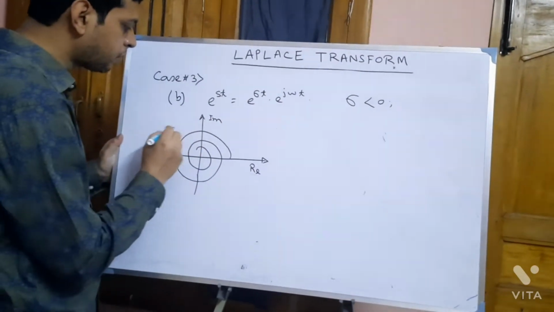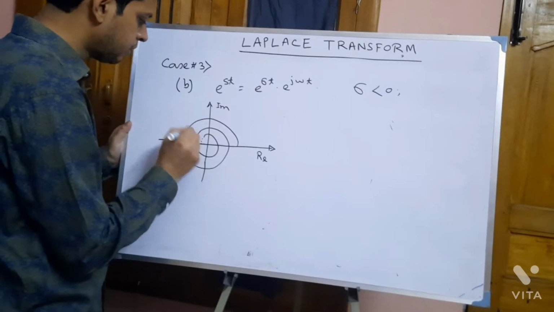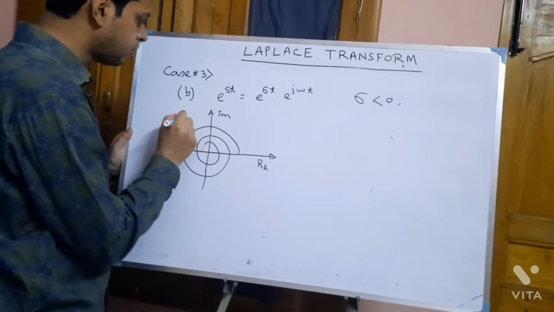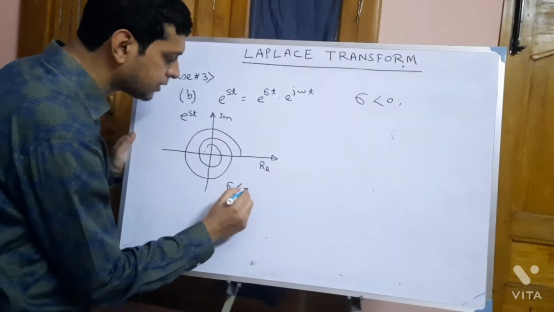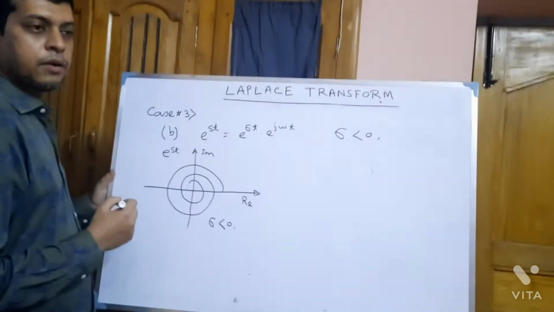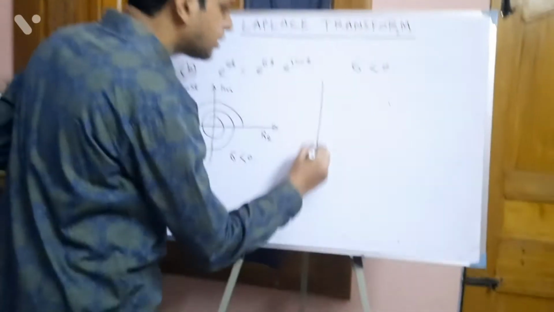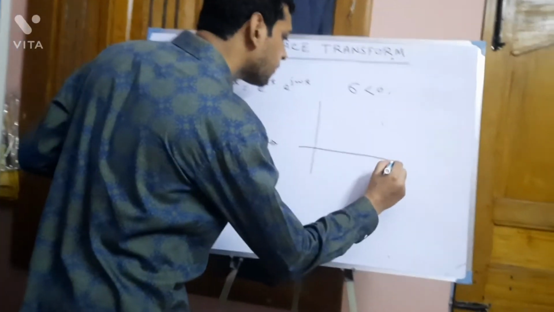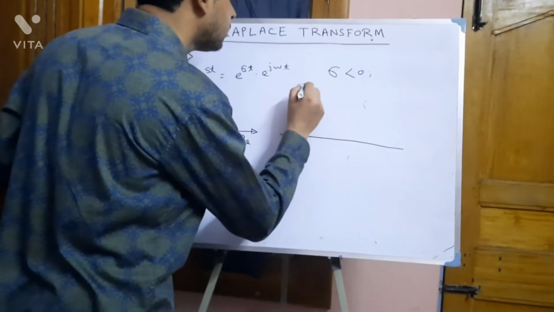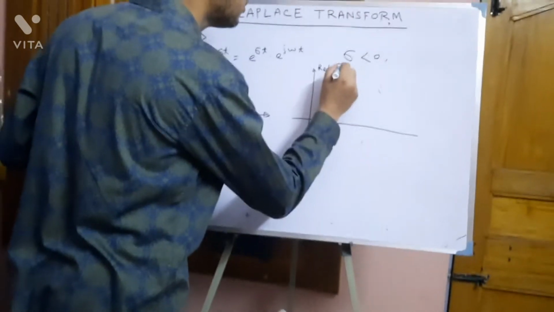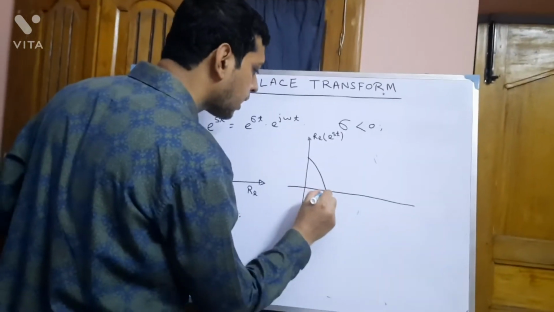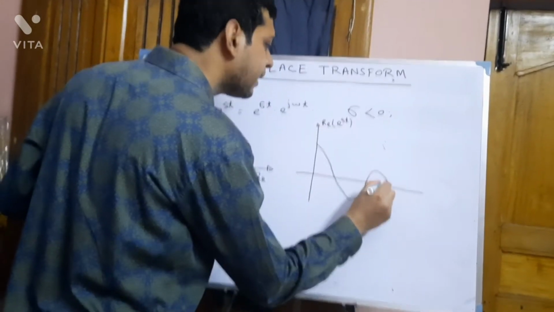This is the graph of e to the power st with sigma less than 0. So the real part of e to the power st will be this one. This is a damped cosine.